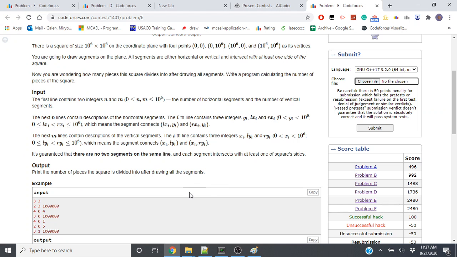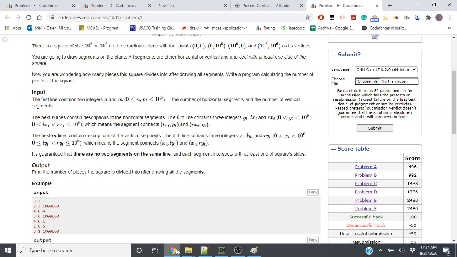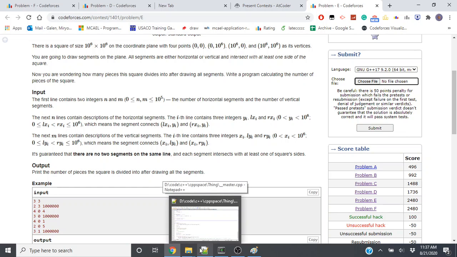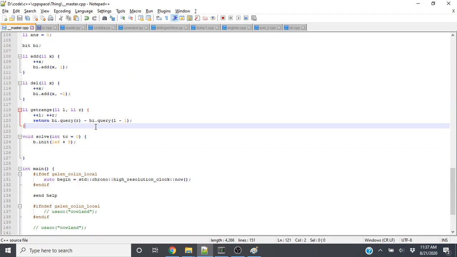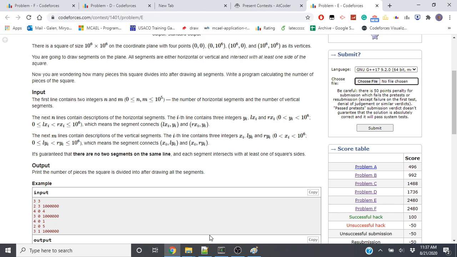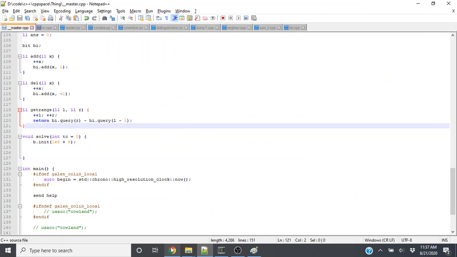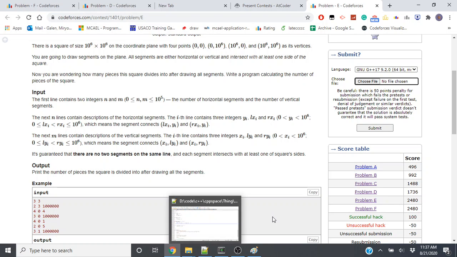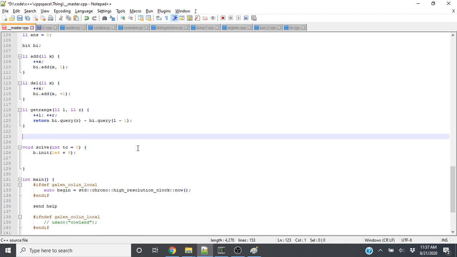Now, okay, so horizontal we're going to store as just the representation they give.